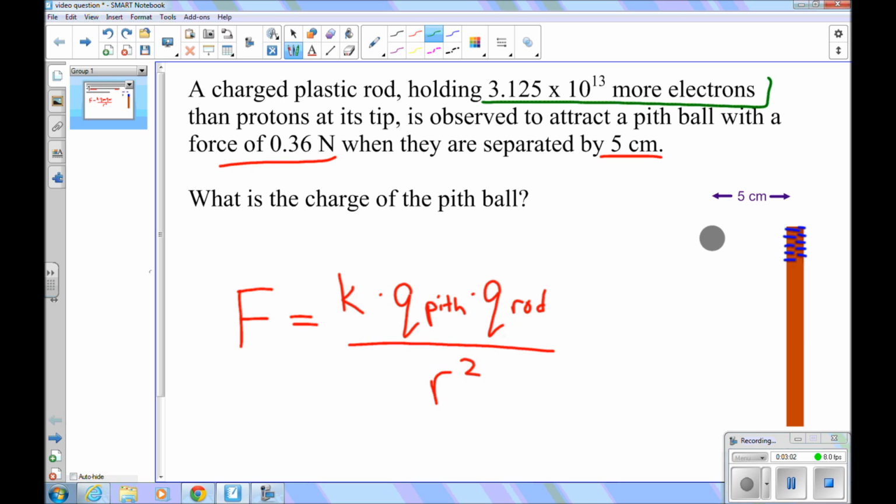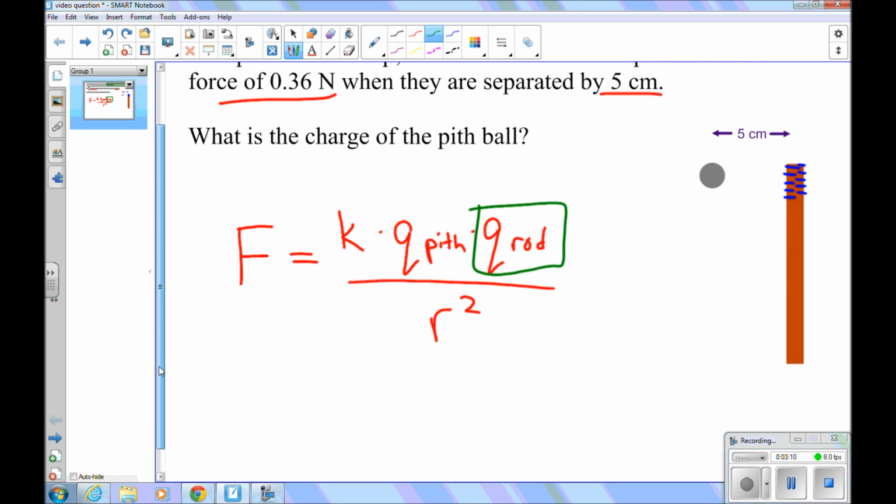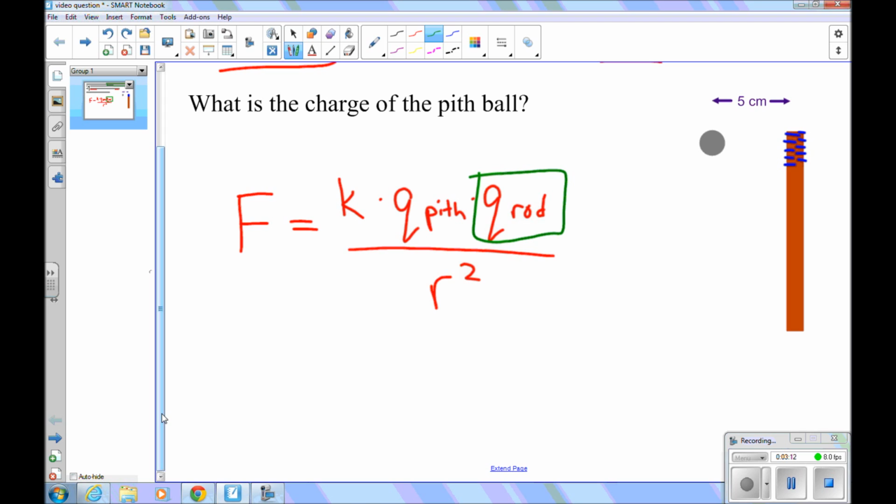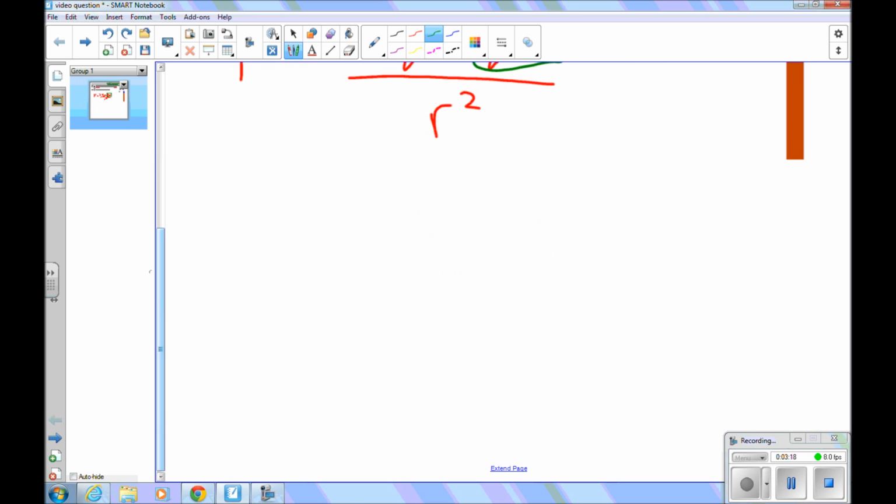Let's take a look at how I can use this number to figure out what the charge is on that rod. We do know how much charge one single electron has, and so basically I can just do what amounts to a unit conversion to figure that out.